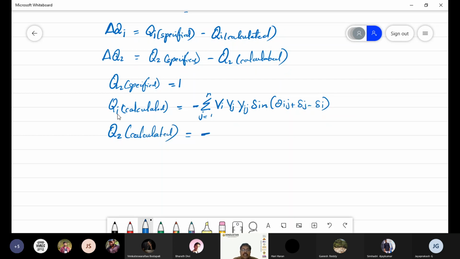That is equal to minus of, i is equal to 2 here, that is v2, v1, y21, sine of theta 21 plus del 1 minus del 2, plus not plus, it will be minus, since before summation minus is there.